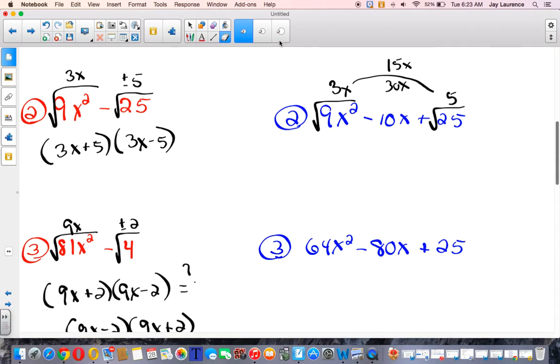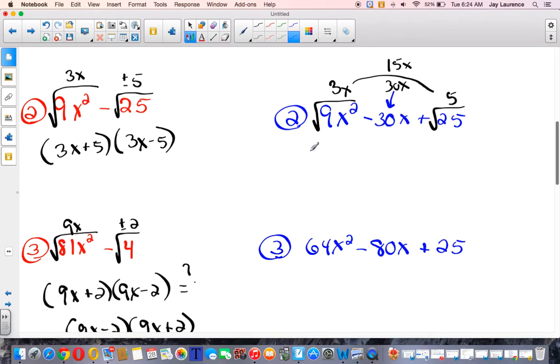Okay, tell you what, let me change that from a negative 10x to a negative 30x. Of course, you can't do that on a problem. I think I just made a silly mistake when I was making this problem up. But it's always important to check. 3x times 5 is 15x. Doubled is 30x. After you double it, it must match this b term.